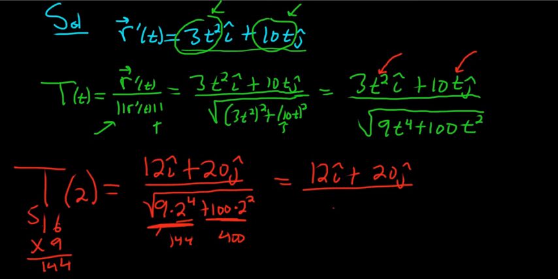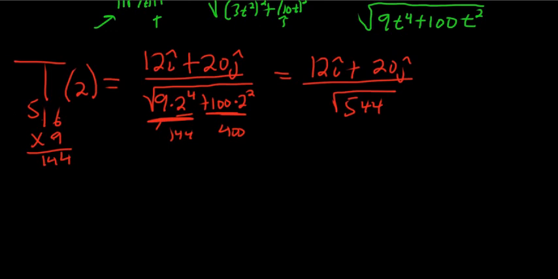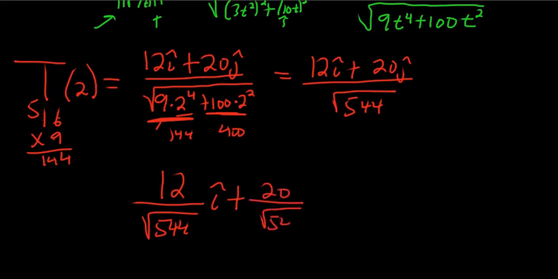So this is 544. Let's break this up. This is going to be 12 over the square root of 544 i hat plus 20 over the square root of 544 j hat. That would be our unit tangent vector.